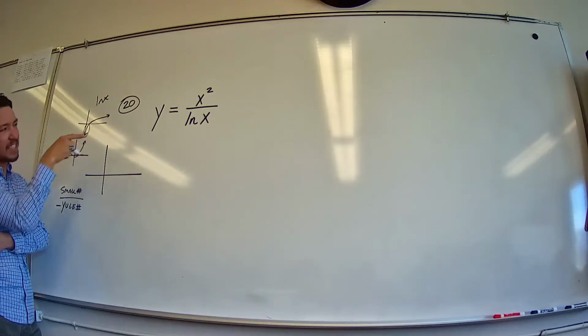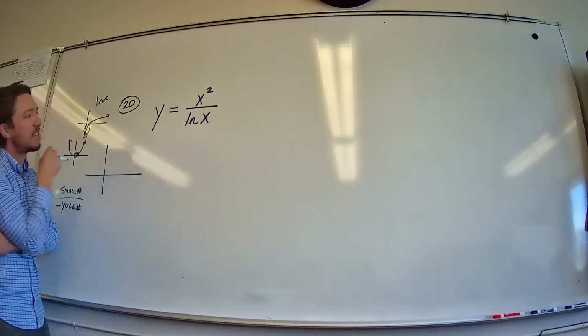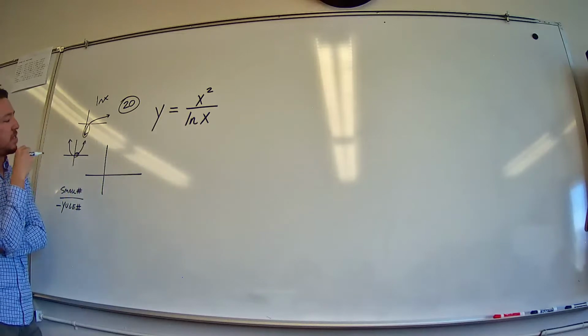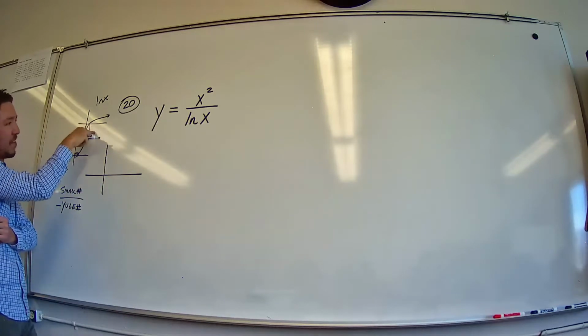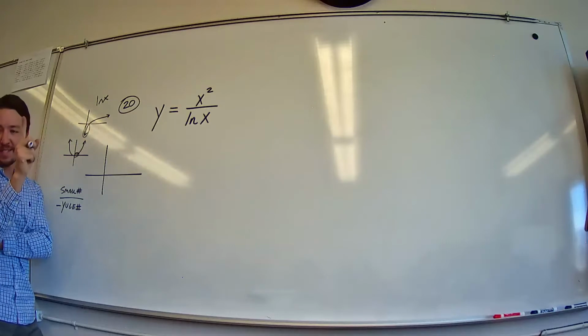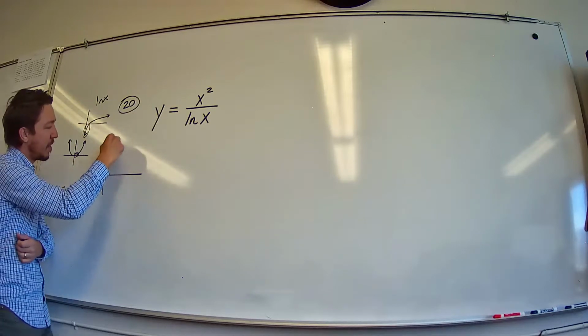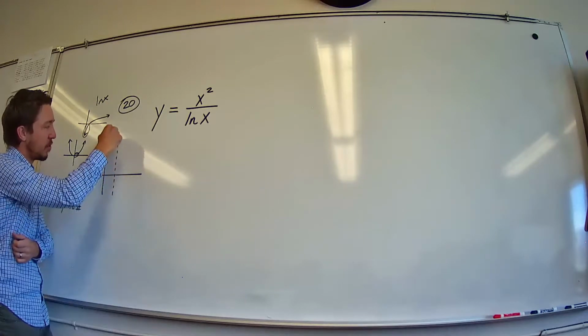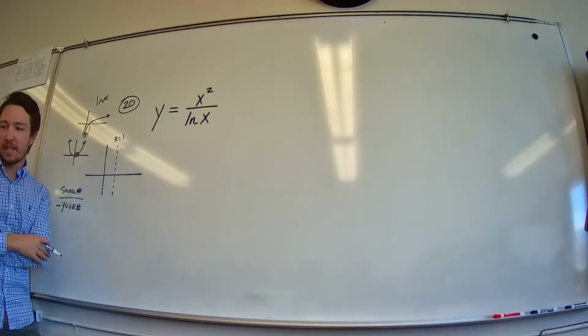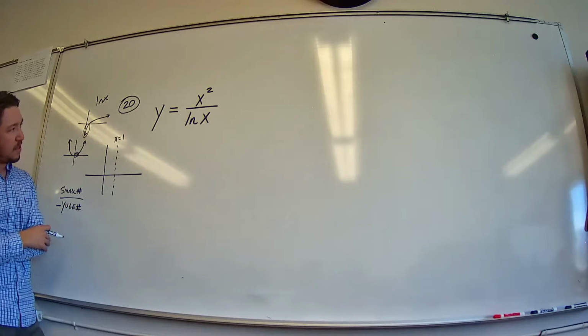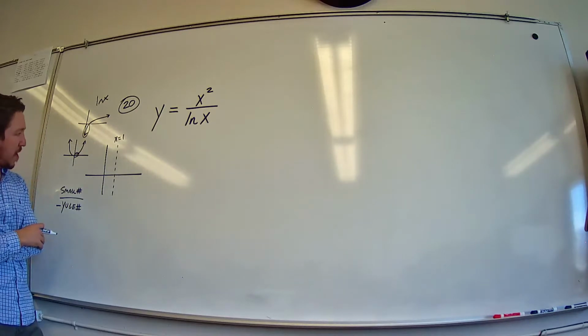Is there going to be an asymptote? No. What about at 1? Log hits zero when x is 1, so at least I have a suspicion that at x equals 1 there's some funny business.